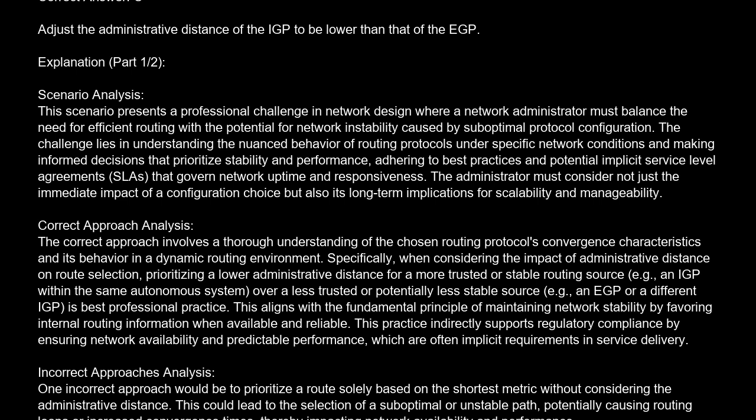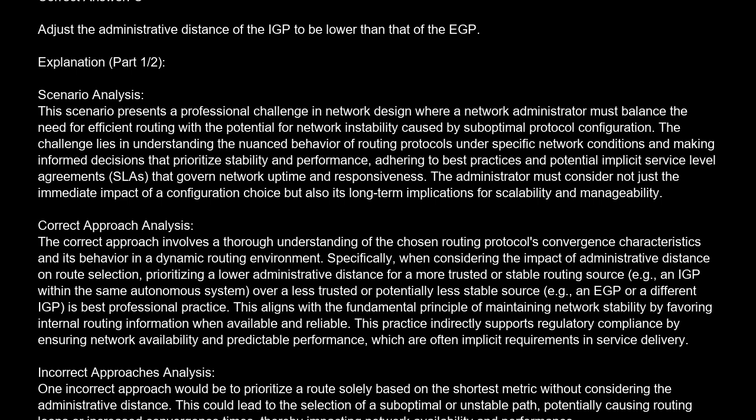Correct approach analysis. The correct approach involves a thorough understanding of the chosen routing protocol's convergence characteristics and its behavior in a dynamic routing environment. Specifically, when considering the impact of administrative distance on route selection, prioritizing a lower administrative distance for a more trusted or stable routing source, e.g., an IGP within the same autonomous system, over a less trusted or potentially less stable source, e.g., an EGP or a different IGP, is best professional practice.